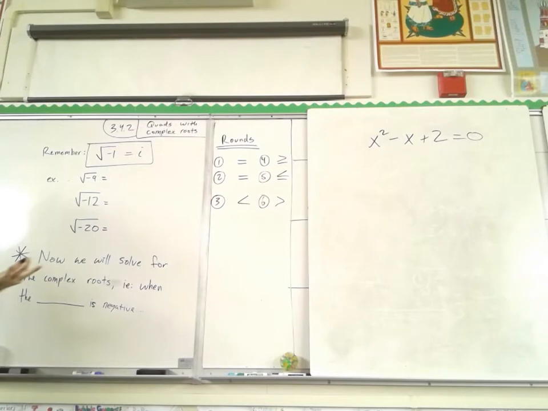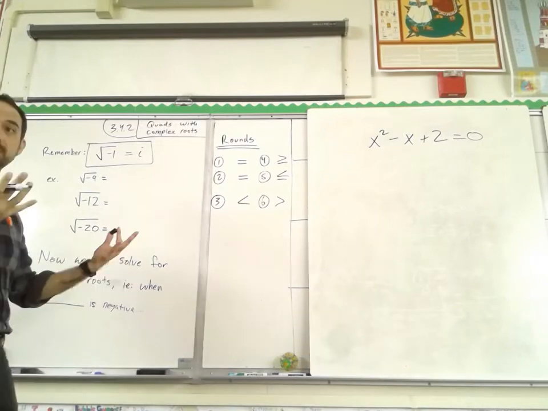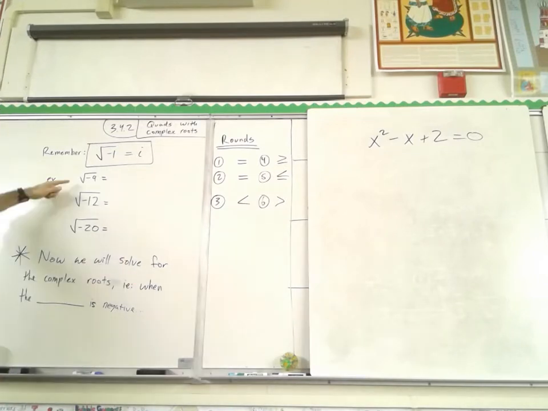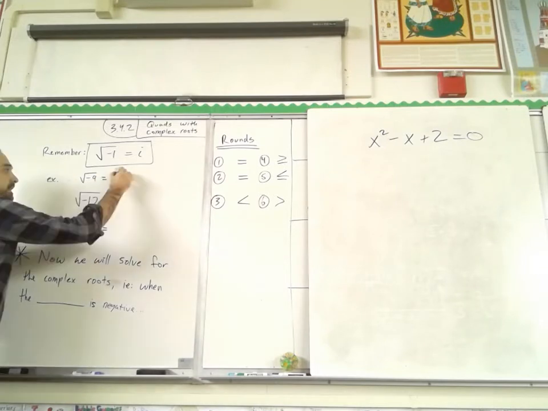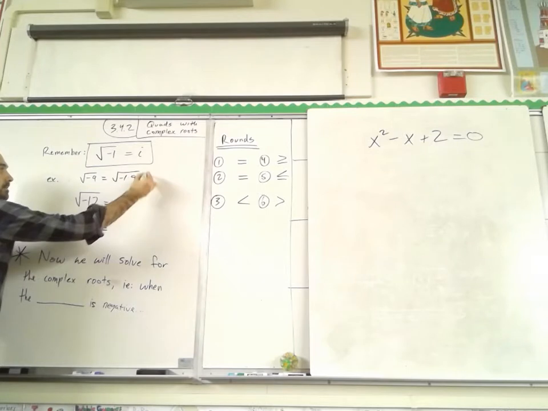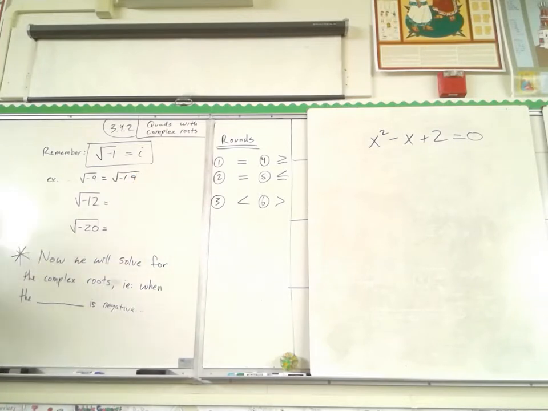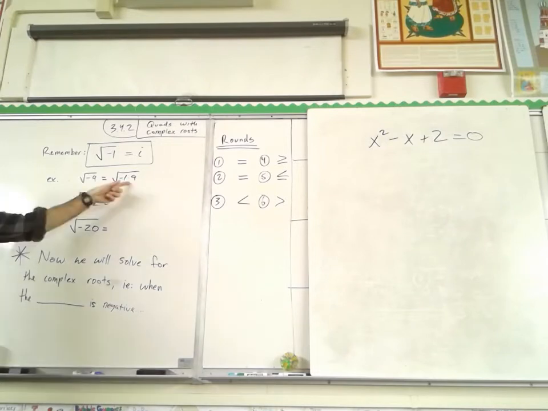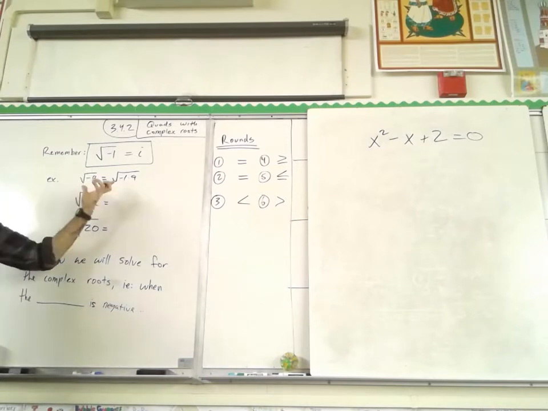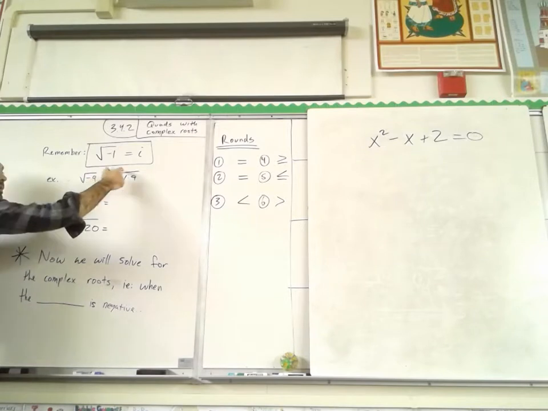So, looking at this, negative 9. Everybody okay if I say that it's negative 1 times 9 under the root? You can break it up however you like. It's multiplication, the same thing. So, what's the identity that we know about the square root of negative 1? i.